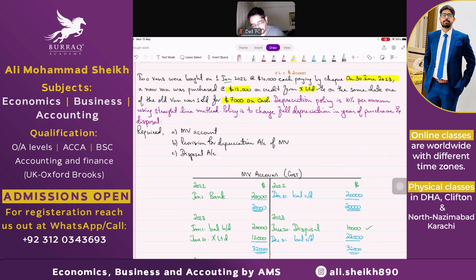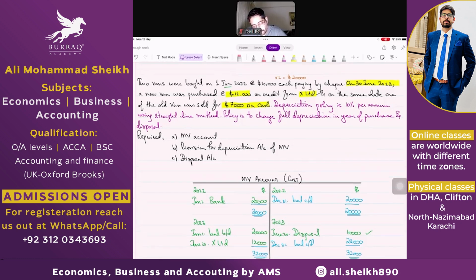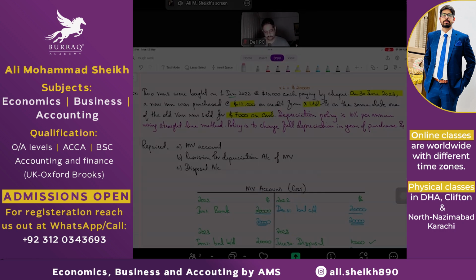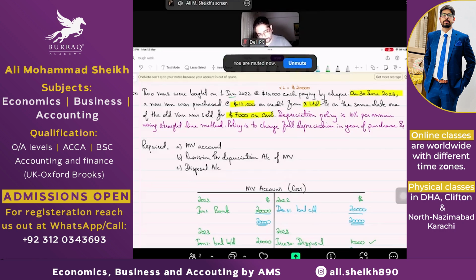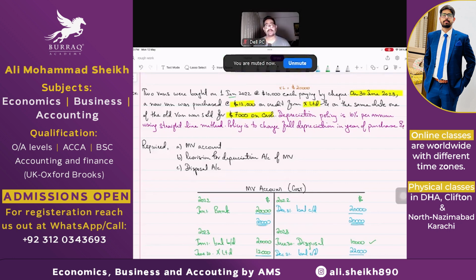Let's suppose the question says, I'm just erasing this figure. Policy is to charge depreciation full year in the year of purchase. Okay everyone, let's take an example of another policy that might be tested.